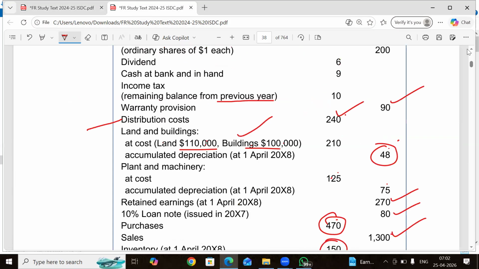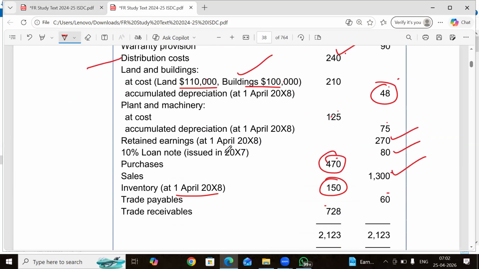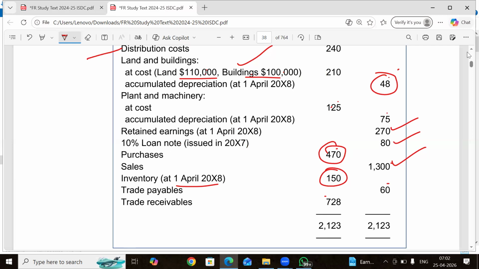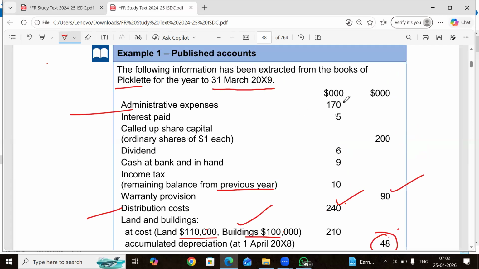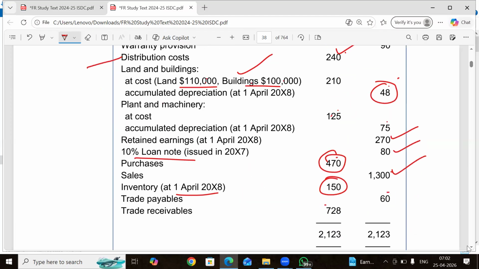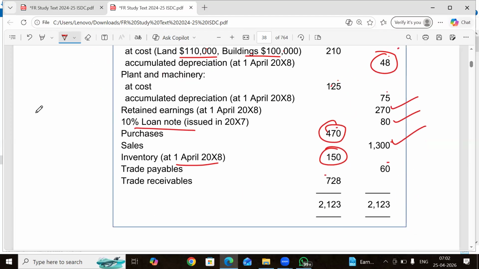Next, there is a finance cost. 10% loan note issued. Interest paid. So 5 is what? Actually, total expense for us would be 80 into 10%, 8.